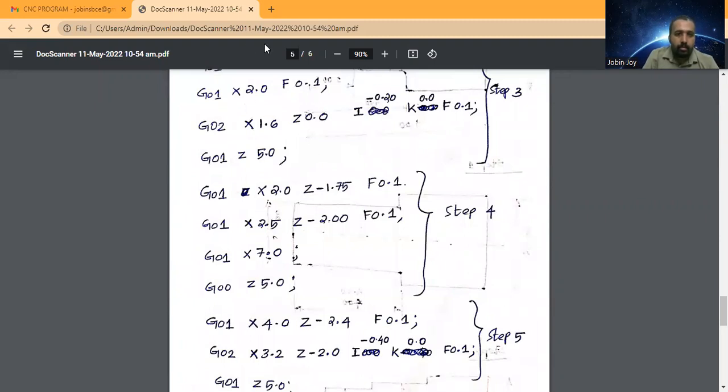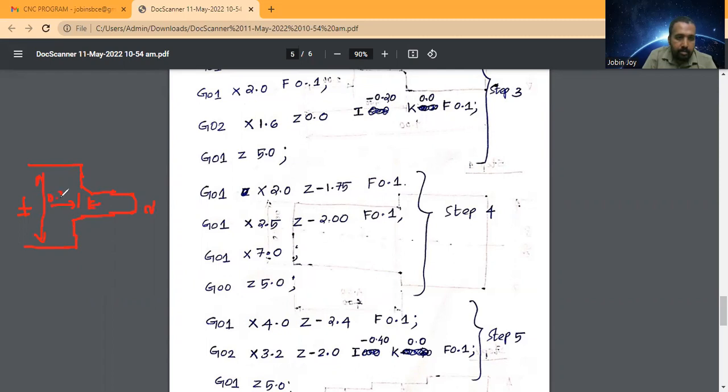Okay, so I will draw here. So this is 4, and this is 2, and this is the chamfer, and this is the distance 0.25.